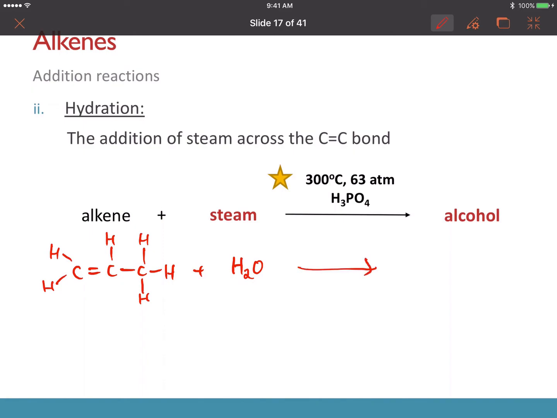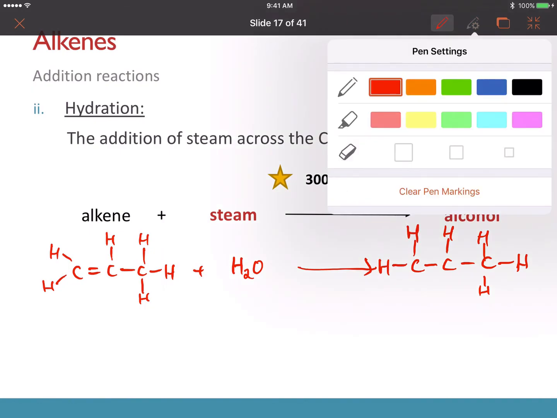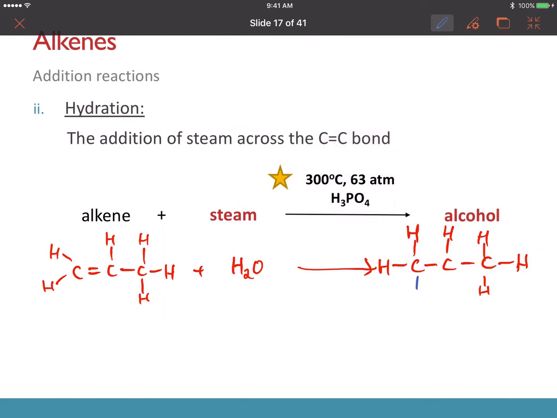What I will get is actually C. I'm just filling in the hydrogen that were originally there. Then I'm adding in the water molecule. How water will add across the bond is like this. Okay, so you add across the double bond. Now you may be wondering, then wouldn't there be more than one type of product? In the sense that, can I have another product like this?